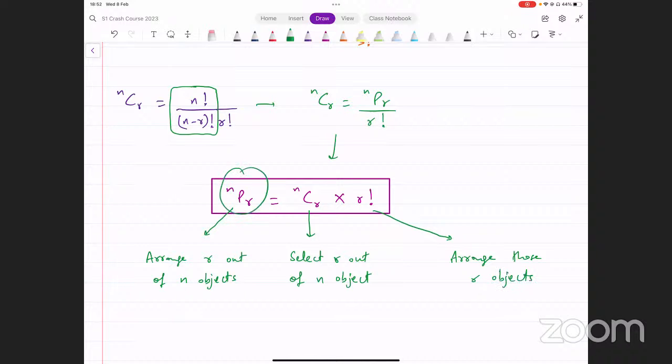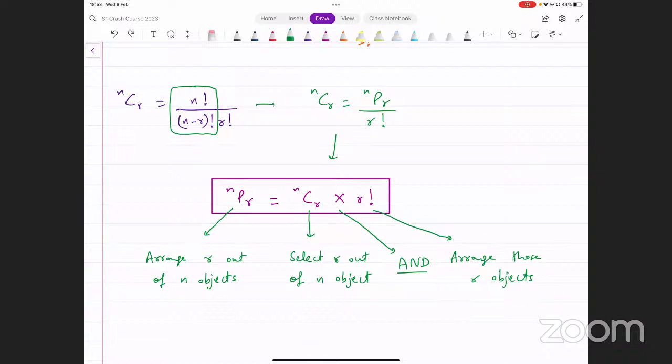So when we say nPr, that means we want to arrange r out of n objects. That's equivalent to saying we are choosing r out of n objects first. That's one thing that we're doing. And so this multiplication sign stands for and. Then we are arranging those r objects. So permutation is actually doing two things at the same time. It's selecting r out of n objects, and then it is arranging those r objects.